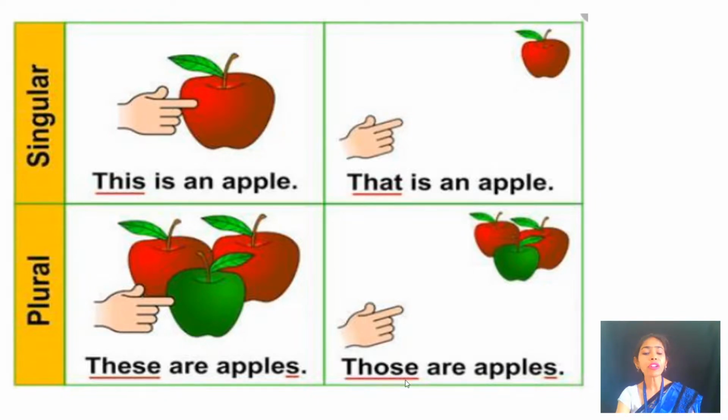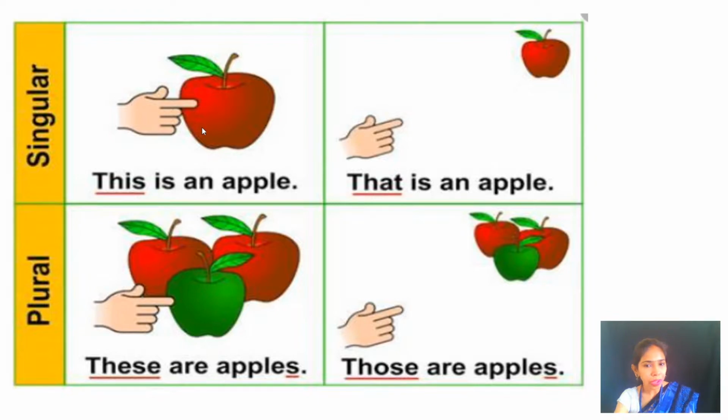Now please understand where to use this, where to use that, where to use these and where to use those. हम सबसे पहले ये दो चीजों का ध्यान देंगे, ठीक है? See first this picture. How many apples are there?